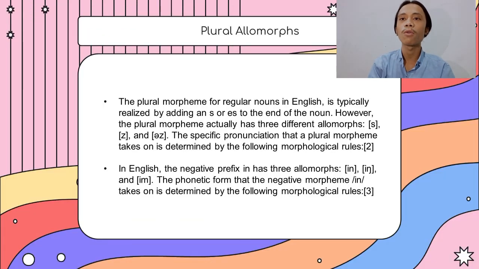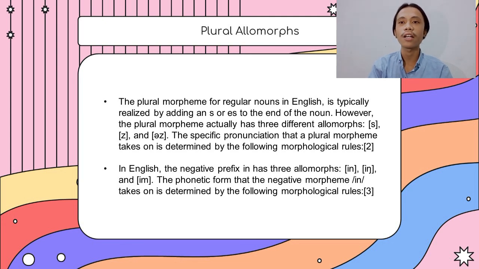The plural morpheme for regular nouns in English is typically realized by adding s or es to the end of the noun. However, the plural morpheme actually has three different allomorphs: s, z, and ez. The specific pronunciation that a plural morpheme takes on is determined by the following morphological rules.